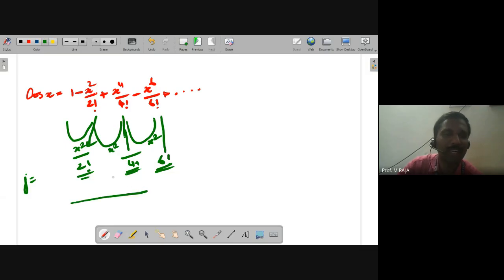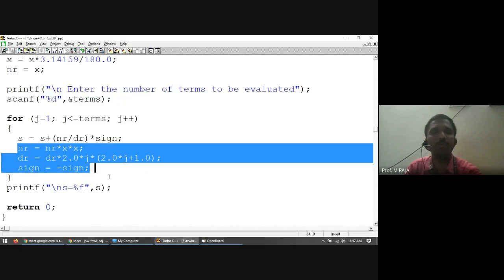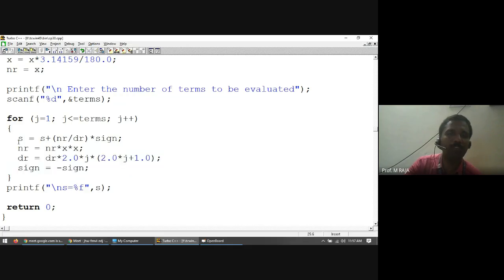Once you find the correct expression, as we used 2j into 2j plus 1 for the sine series, try to check it for options: 2j into 2j minus 1, or 2j into 2j plus 1, for different values of j. Then you can bring the signs alternately plus, minus, and we have the common statement s is equal to s plus numerator by denominator into sign.